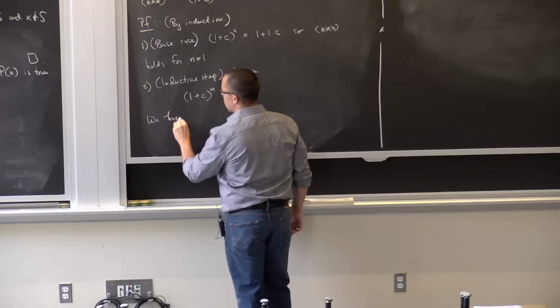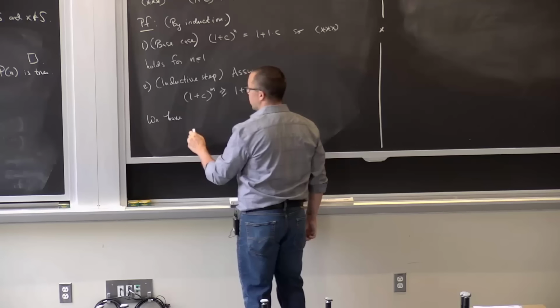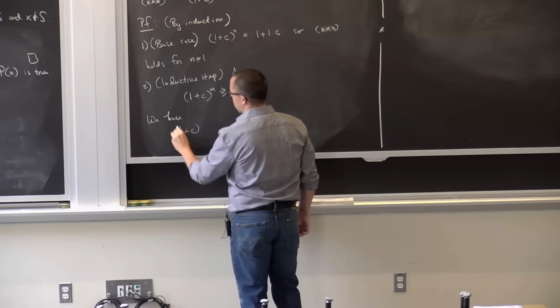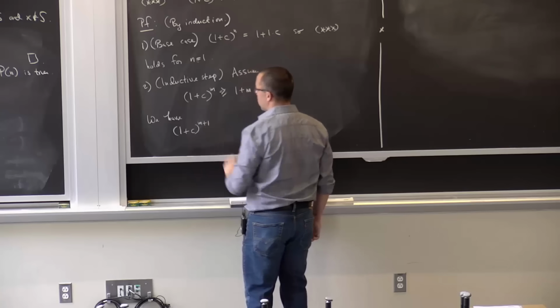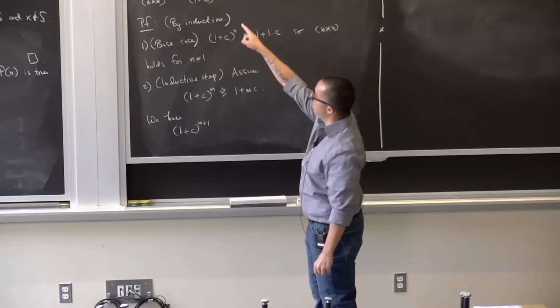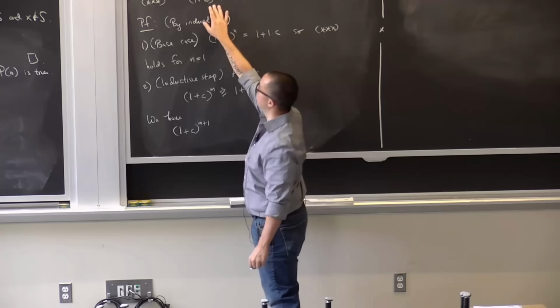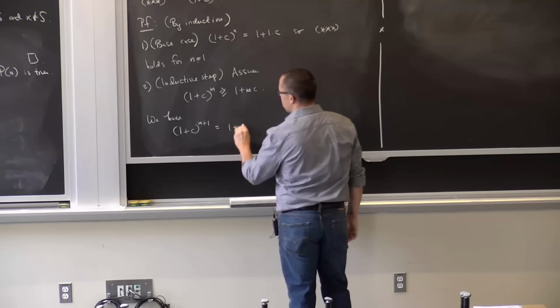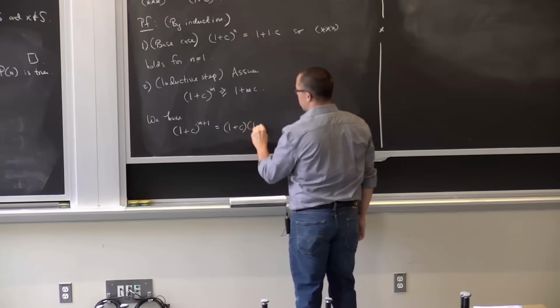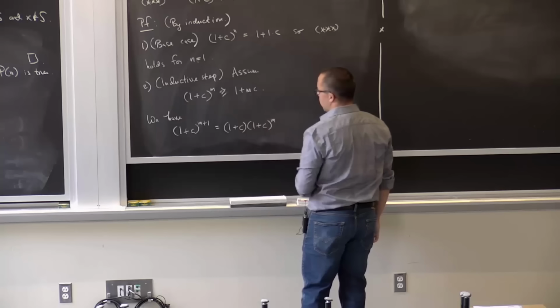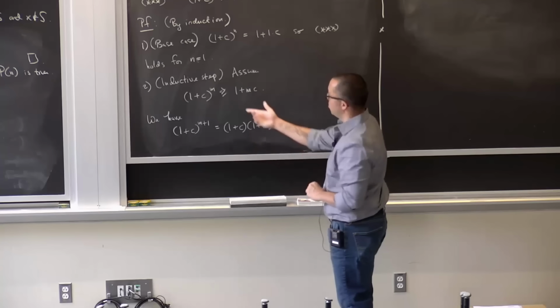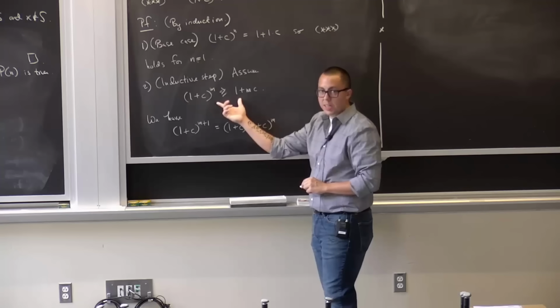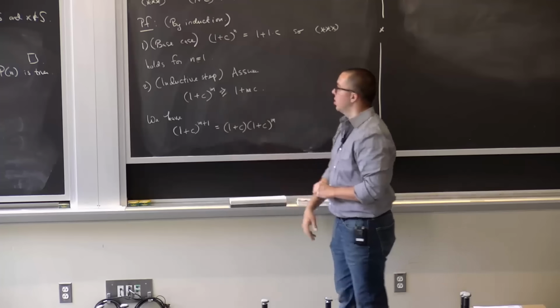So again, this is the calculation part and logic. We have (1 + c)^(m+1), the n equals m plus 1 side. This is equal to (1 + c) times (1 + c)^m. Now, we're assuming this inequality, the n equals m case, so we can use it.